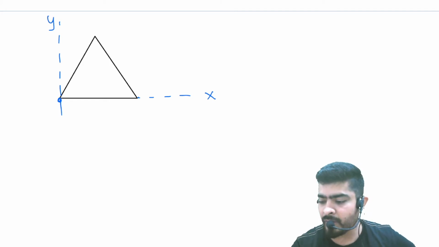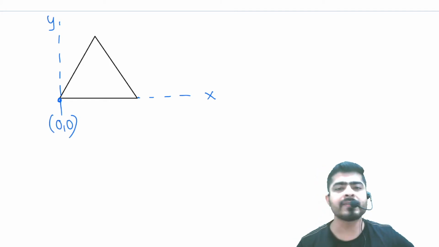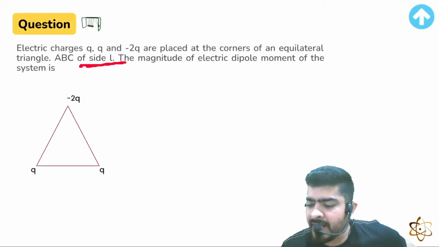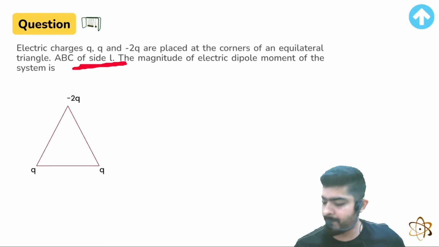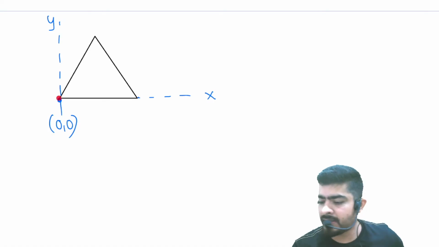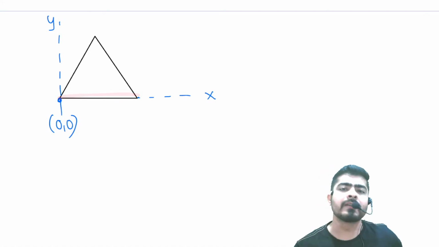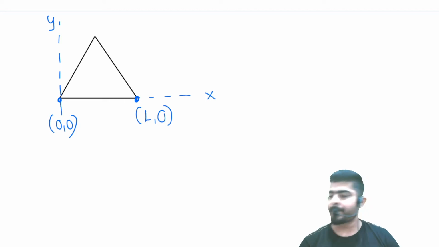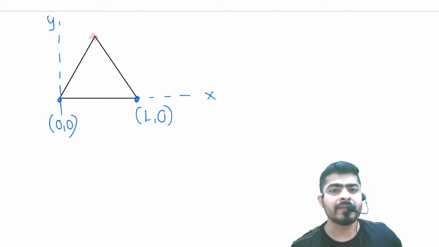So the coordinate over here is 0 comma 0. Simple. Next, they have given that the side of the triangle is L. That means this side is equal to L. So what are the coordinates of this point? L comma 0. Okay. Now we just need to find the coordinates of this particular point.